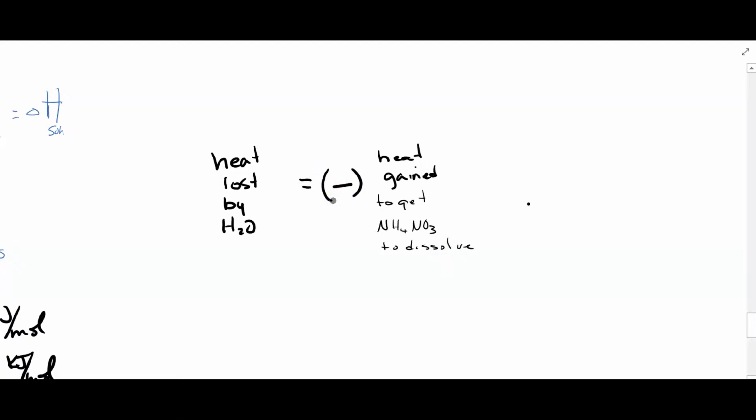The heat lost by water is equal in magnitude and opposite in sign to the heat gained. So that's where you get rid of the negative sign and turn it into a positive sign, because we're going to focus on the solute and what's happening to it. Since this was a negative number, this becomes a positive.